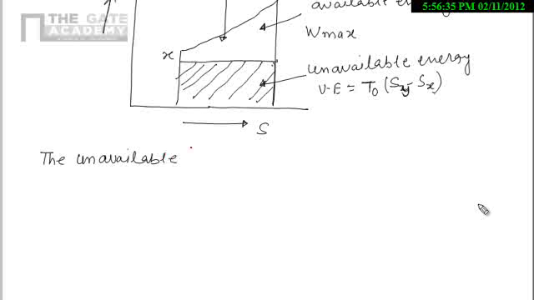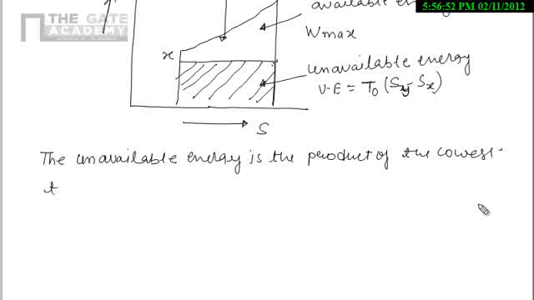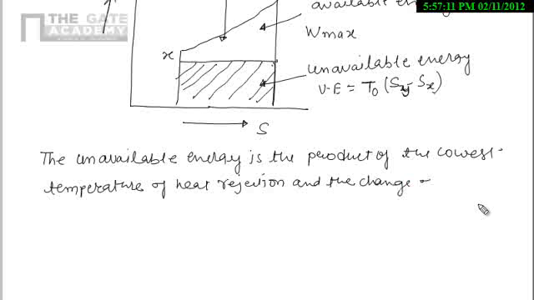Unavailable energy is the product of the lowest temperature of heat rejection and the change of entropy of the system.